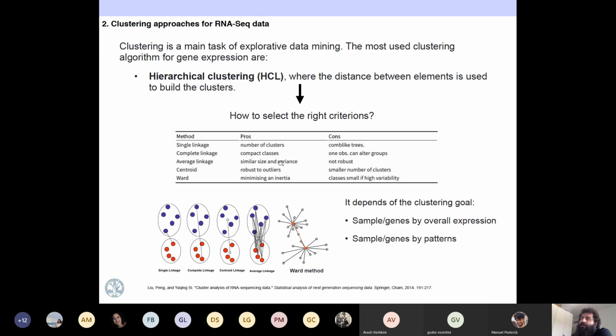Average linkage gives similar sizes of variance, but is not robust. The centroid is robust to outliers, but then it has a smaller number of clusters. Ward minimizes the inertia within the groups, but then you have a small number of classes if you have a high variation, no?